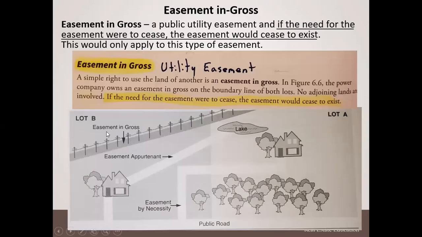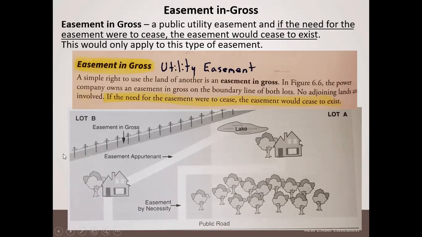In this example, easement in gross, you've got the utility easement right over here. It crosses over both lot owner A and B's property. It is a utility easement, whether that's power lines or telephone lines.